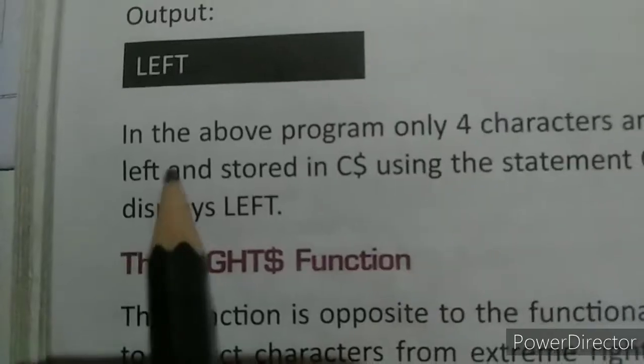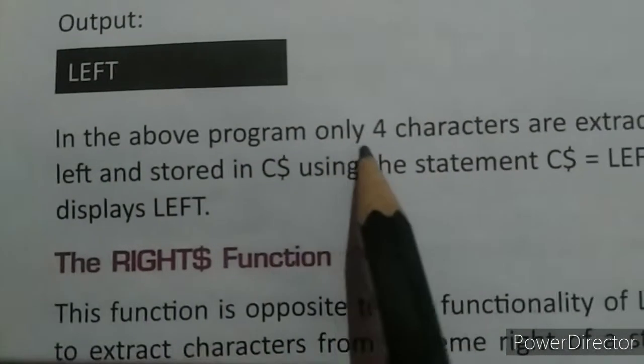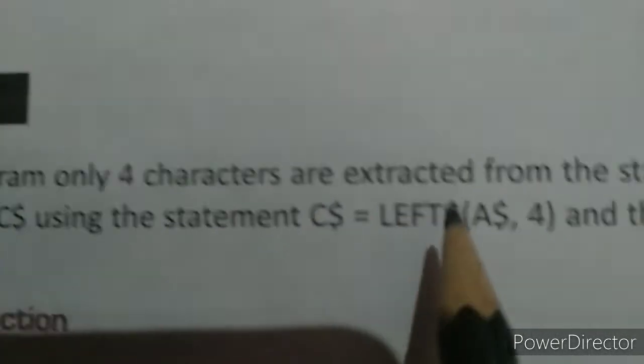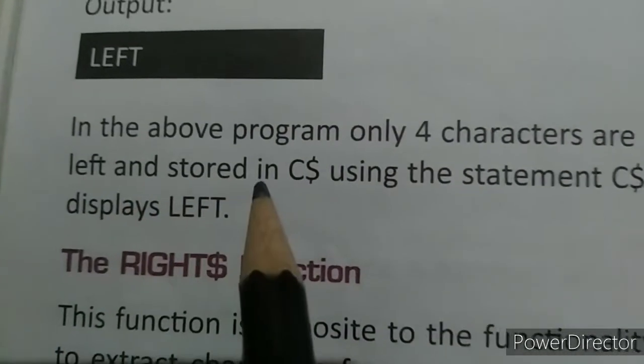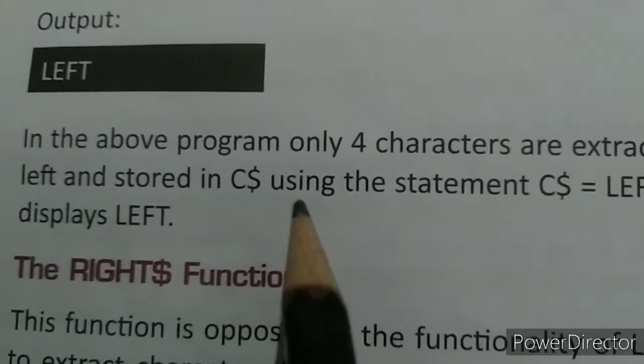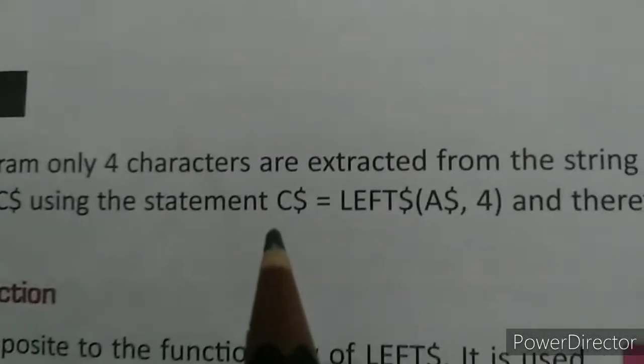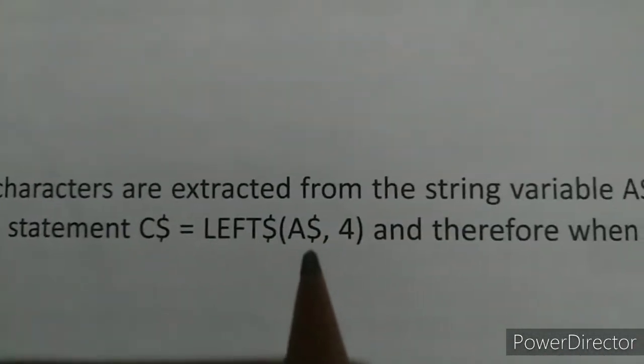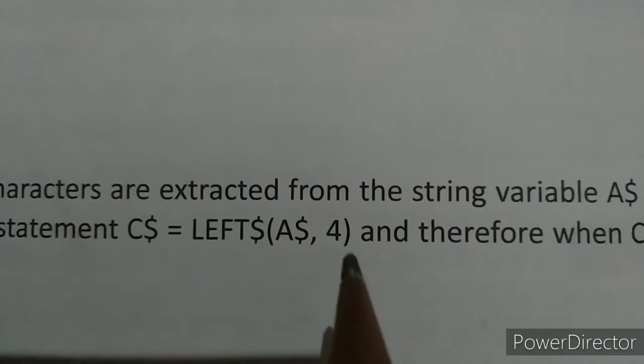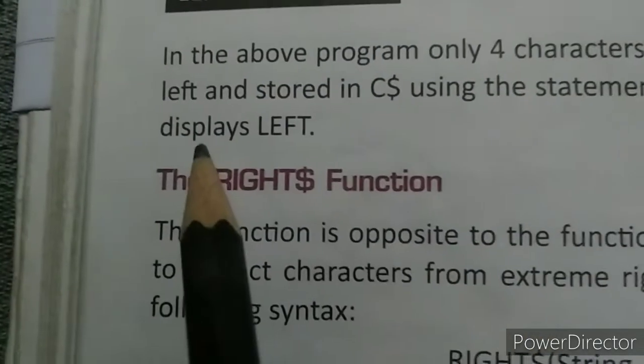In the above program, only 4 characters are extracted from the string variable $A from the extreme left and stored in C using the statement C is equal to left($A, 4), and therefore when C is printed, it displays left.